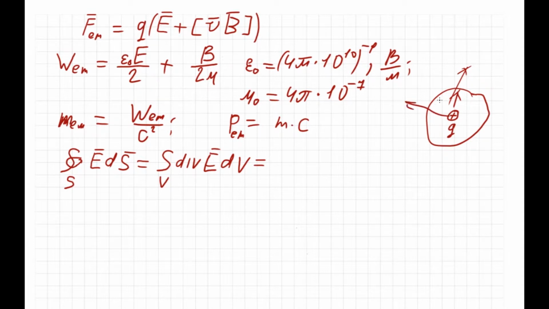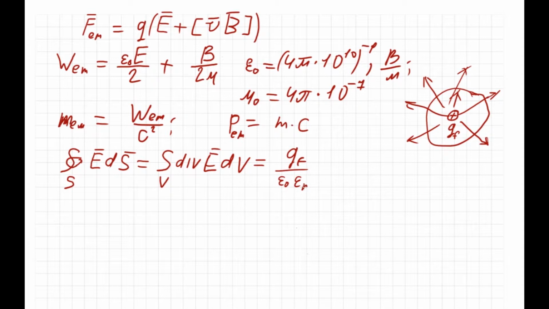From the charge there are arrows. These arrows express the directions of electric field from the charge. Full charge, let it be Q F, divided by permittivity 0 by permittivity relation.